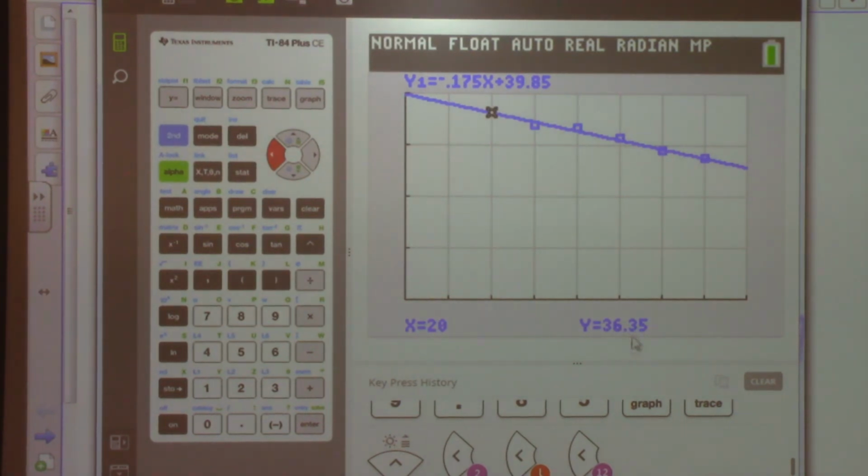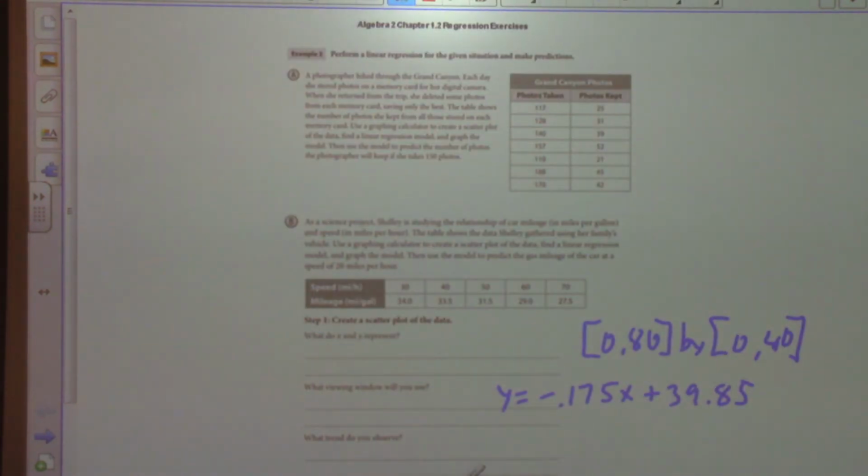Was that our answer here? So 36.35 miles per gallon, and that's going to be at 20 miles per hour.